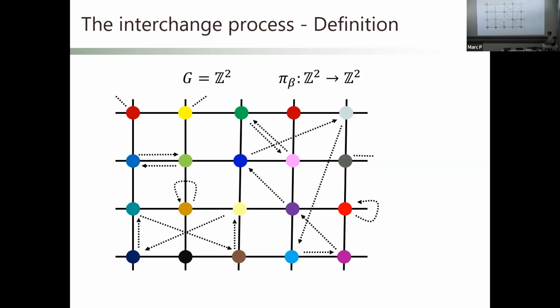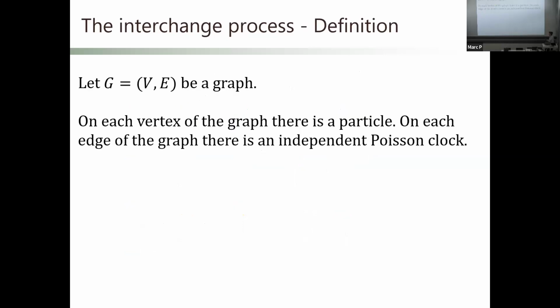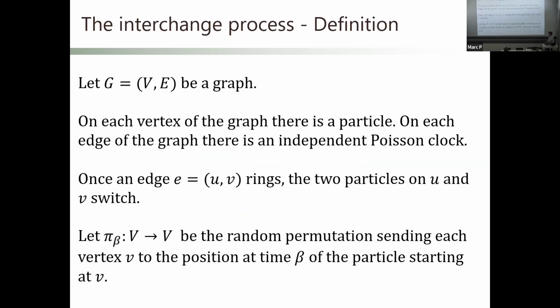And the reason for that is I want to define this not just on finite graphs, but on infinite graphs, things like the lattice Z^d. Okay, so just to be more precise about the definition, you have a graph, a particle on each vertex, a Poisson process on each edge. When the Poisson process rings, you swap the particles from one side of the edge to the other, and we run this for time beta, and we get a random permutation.